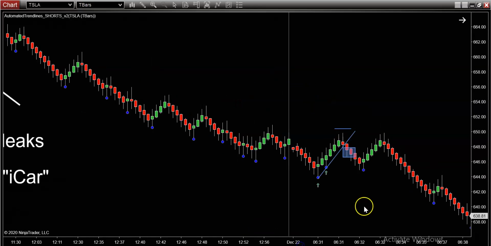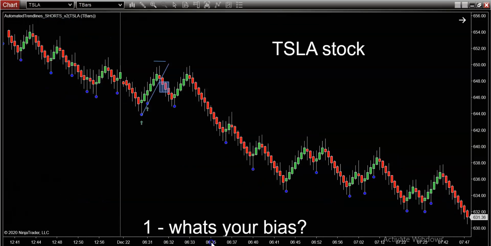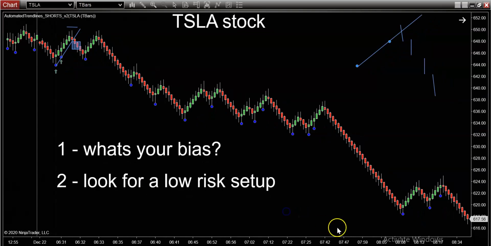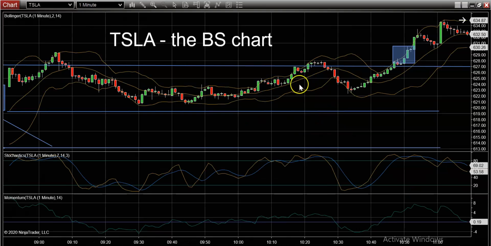Now check this out. Look at this monster trade. I mean, I can't even fit it all in. The thing just got obliterated today, right? So, I mean, that's really it. You know, I don't have time to show people 50 million squiggly lines and indicators and MACD.